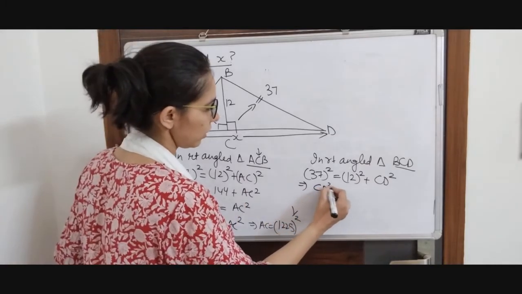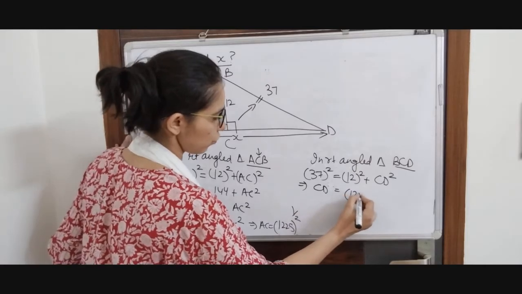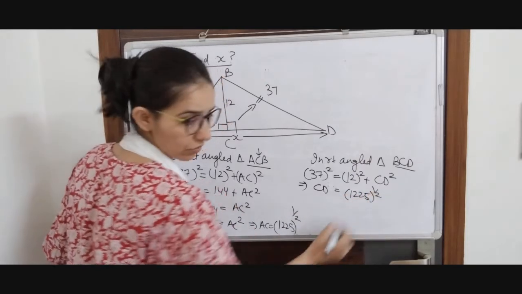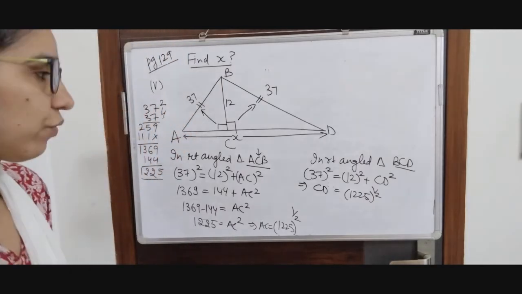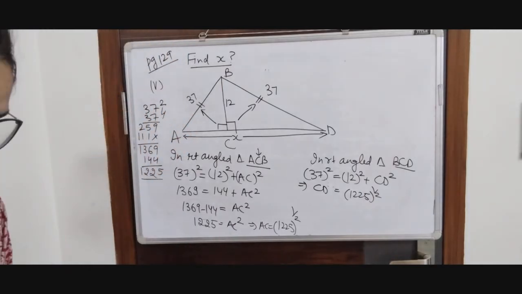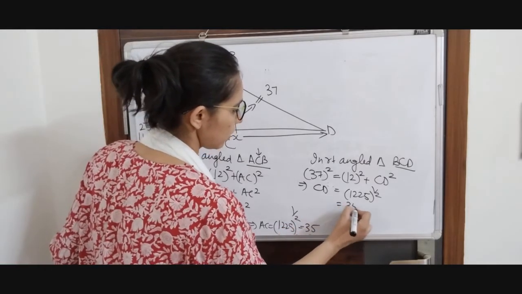You will find that your CD will also be square root of 1225. Now we have to find the square root of 1225, which is going to be 35, okay. So your AC is 35 and your CD is also 35.